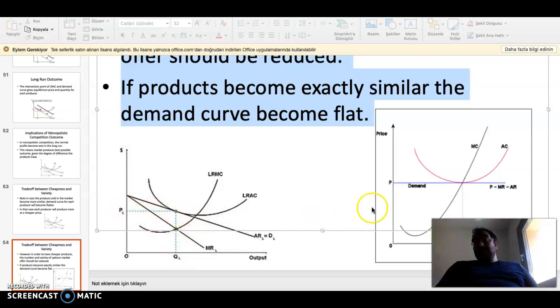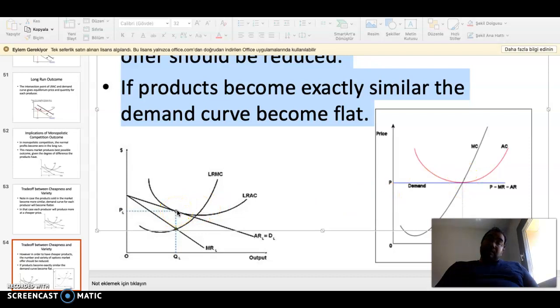If they are exactly the same, the demand will be completely horizontal, and we will reach the lowest possible price level and the highest possible quantity produced by a company. However, when we reach this level, we are losing the variety.